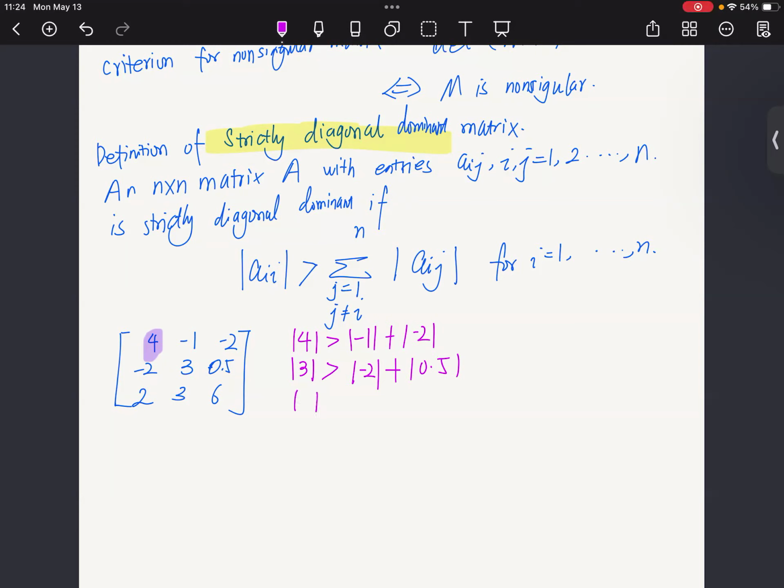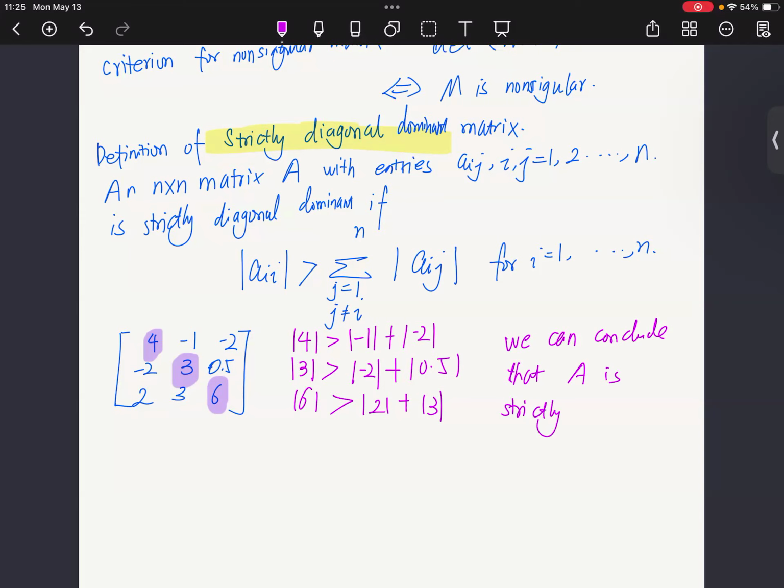Once again, we focus on the diagonal element in the third row, and this one is bigger than the sum of the absolute values of the rest of the elements in the same row. So we can conclude that A is strictly diagonal dominant.